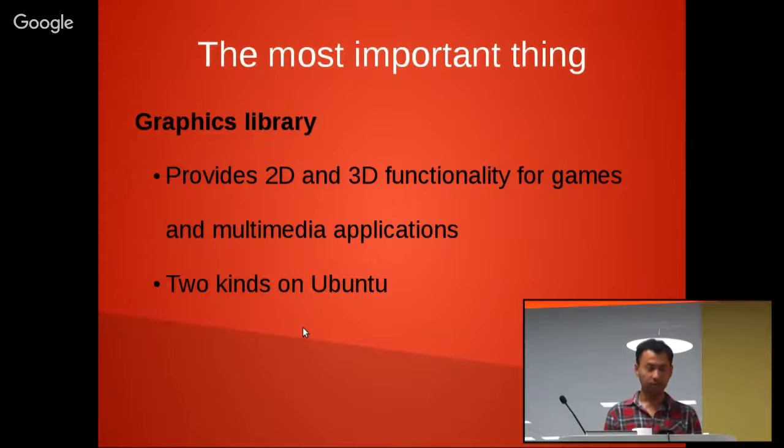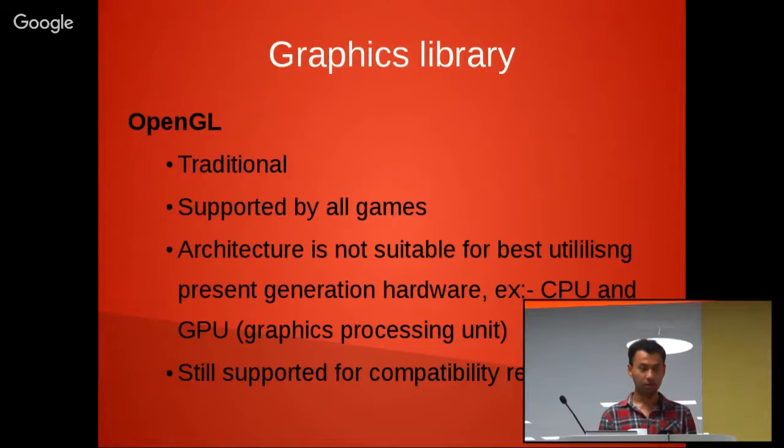There are many aspects of gaming you have to know, but the most important one is the graphics. Of course, most games nowadays are graphically intense, so there are graphics libraries to provide graphics functionality to games. On Linux, there are basically two kinds. One is OpenGL.